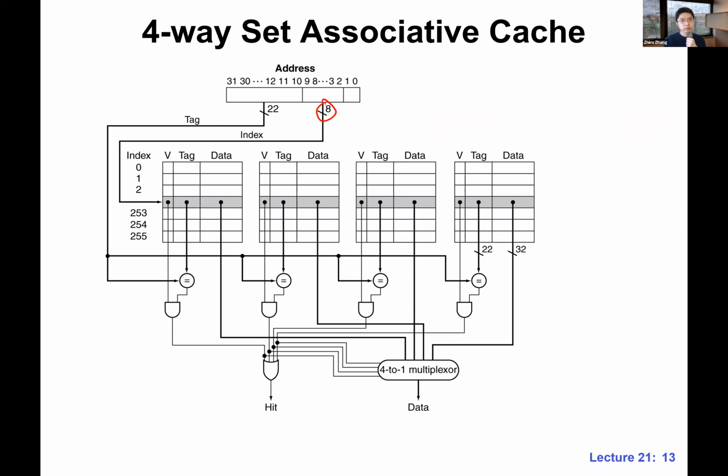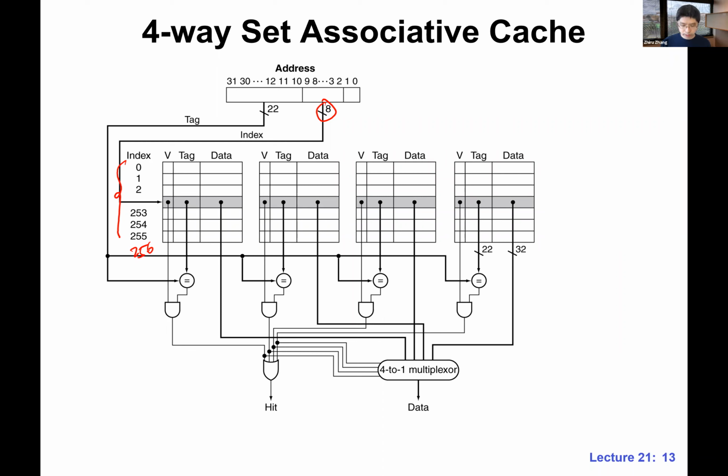One thing to analyze: later on, when you analyze this kind of set-associative cache, it's extremely important to understand. First, figure out how many sets we have. That's the first thing you want to figure out. 2 to the 8, which is 256. We have 256 sets, and this is a 4-way.